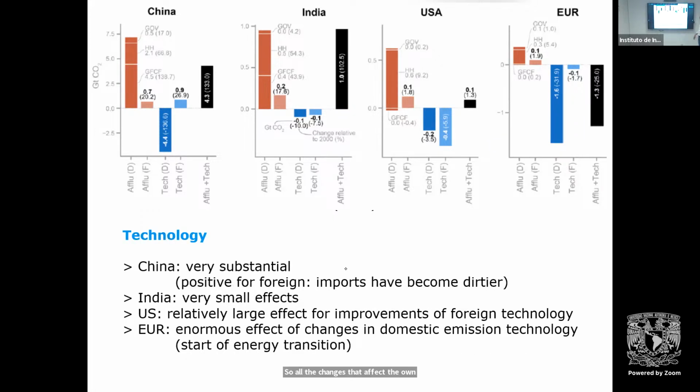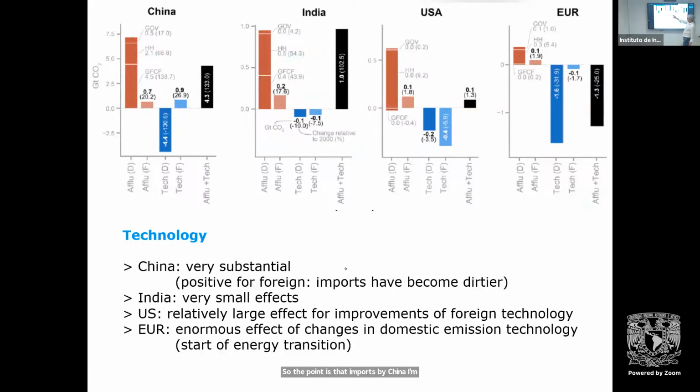Looking at technology, you see that the technology improvement in China is very substantial. However, it turns out that the technology changes in the rest of the world had a positive effect on the Chinese footprint. So the point is that imports by China currently have technologically seen become dirtier.